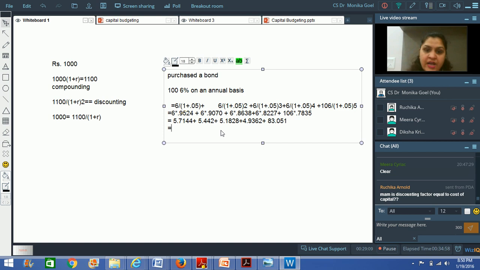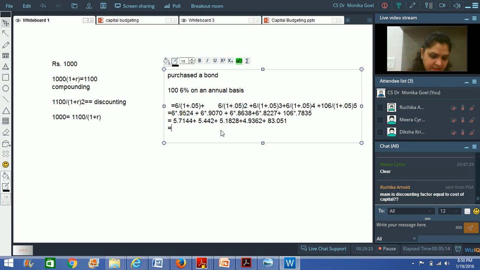So what is the value of this bond today? Because I have discounted all the monies that I am going to get in these 5 years from this particular bond to the present value. Let me add these present values and that should be the value of this bond, right?